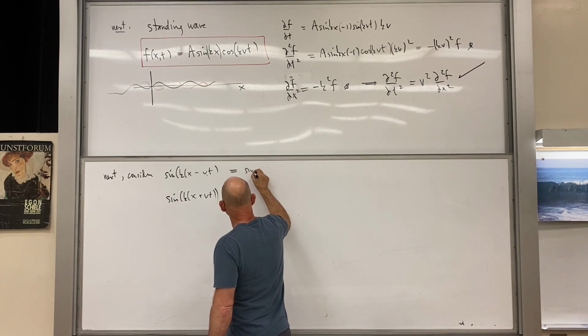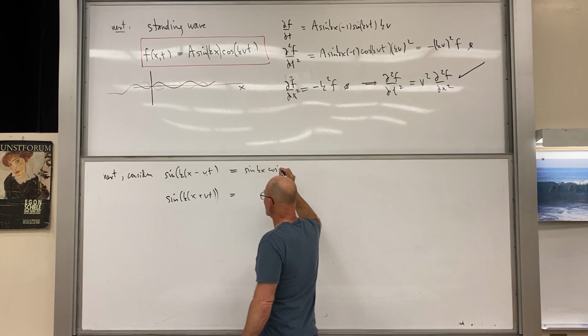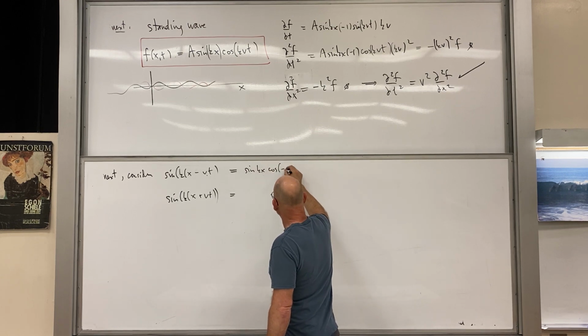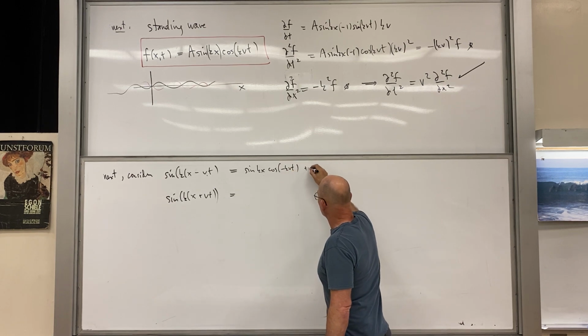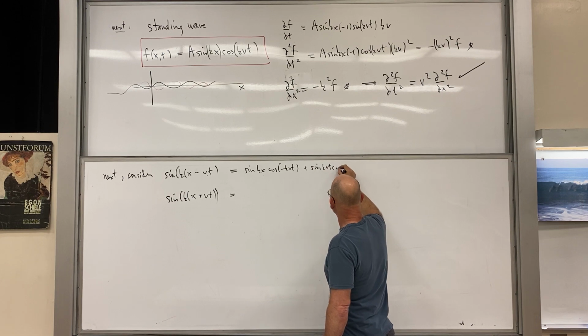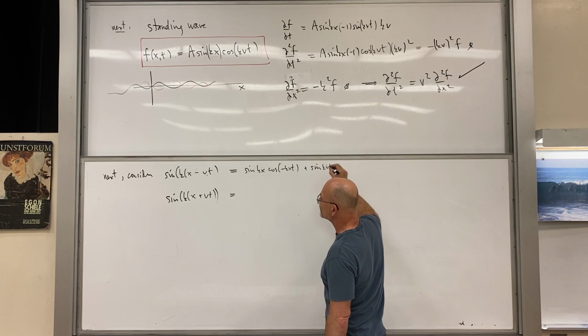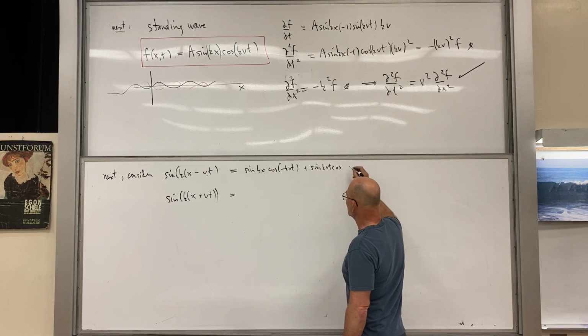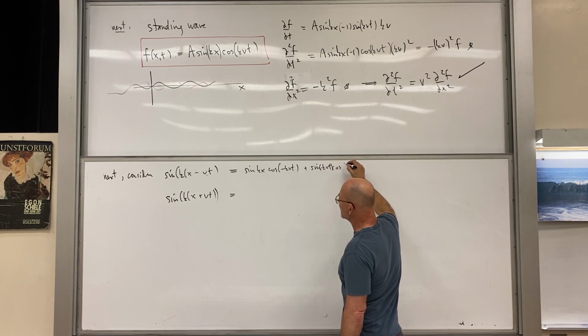So we have sine kx cosine minus kvt plus sine kvt cosine, sine minus kvt cosine kx.